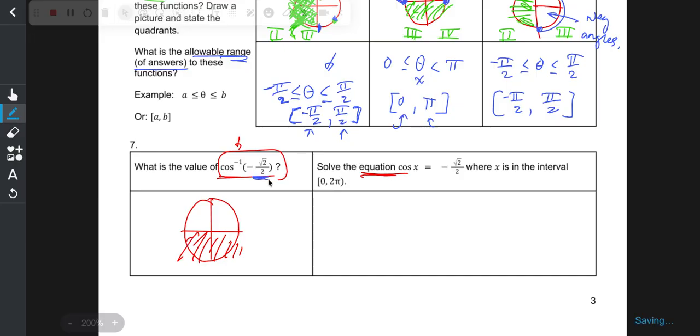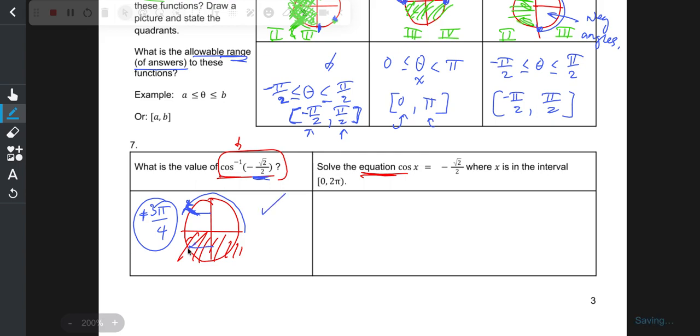And here's the value, negative root 2 over 2. So we're talking about this value right here, which is in the center of the quadrant. And that's what the angle is. I'm sorry, why did I say negative? Positive 3 pi over 4. That's the answer, a single answer.